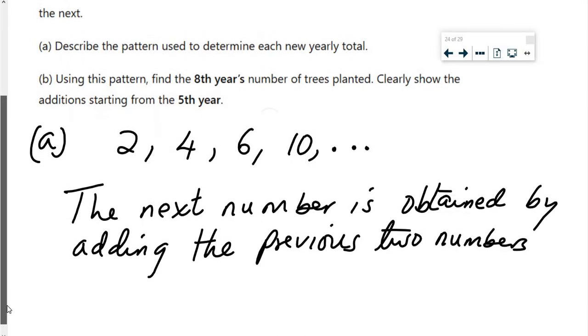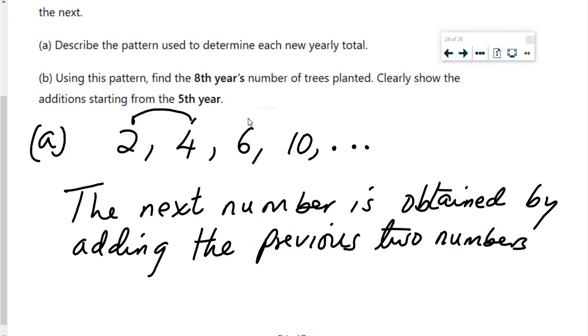Okay, that's the pattern, meaning 2 plus 4 is 6, 4 plus 6 is 10, 6 plus 10 is 16, and so on and so forth.